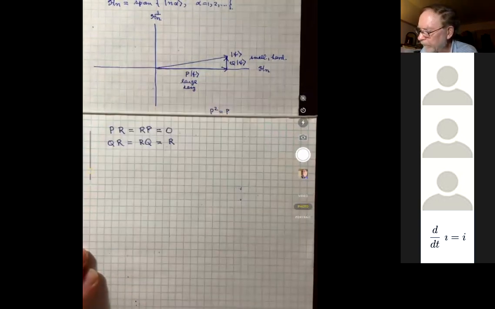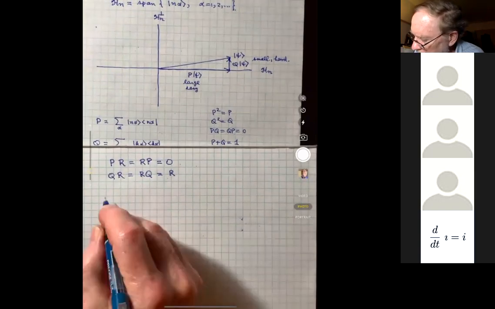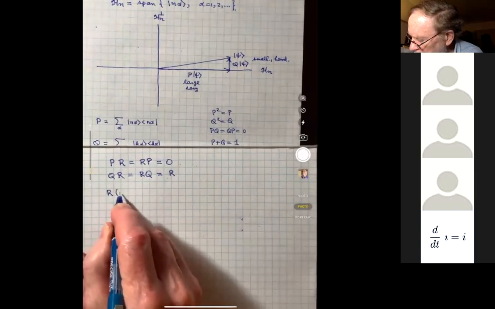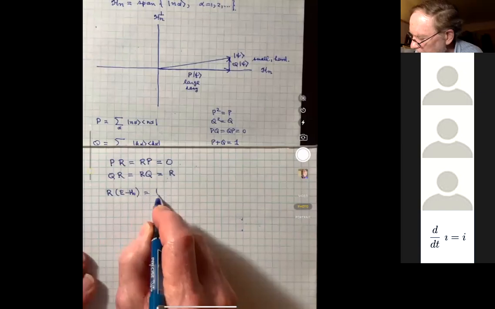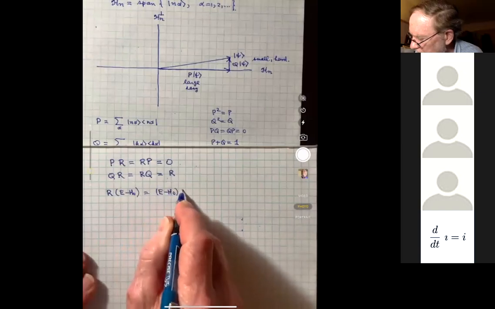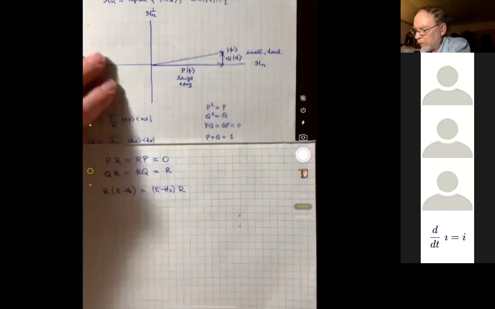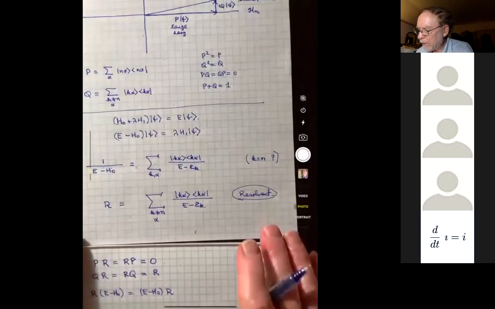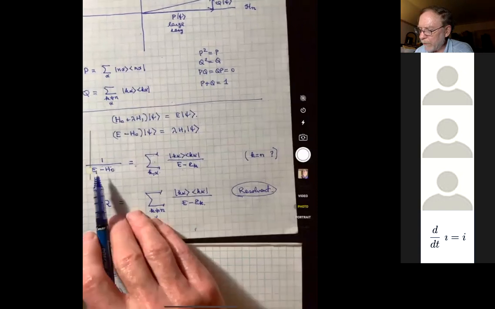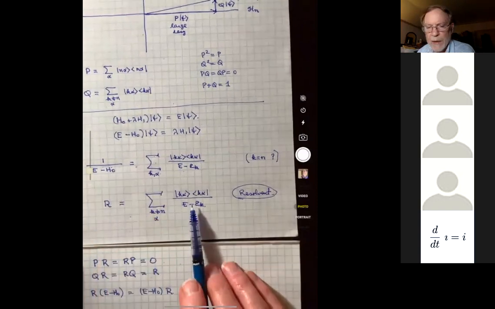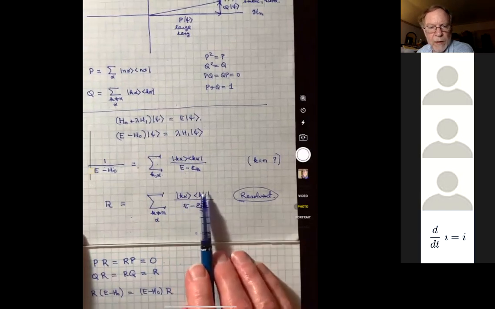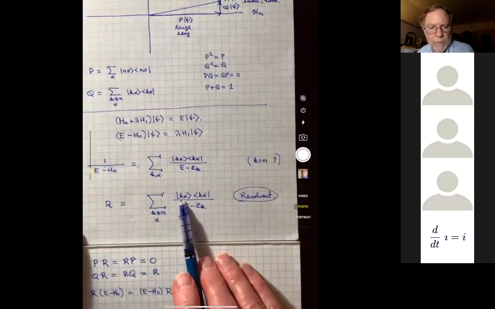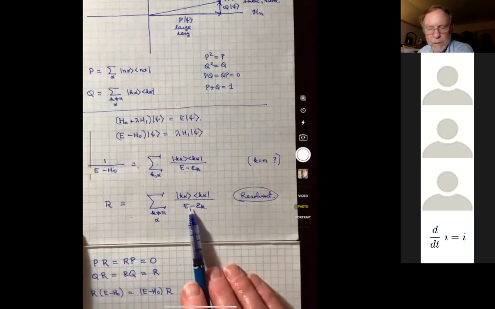That's the idea. Now here's another identity that R satisfies. If I take R and multiply it by E minus H0, or if I multiply in the other direction, E minus H0 times R, it won't matter. If I look at my expression for R, you'll see what happens. R is sort of a modified version of the inverse of E minus H0. Applying E minus H0 to this expression, either from the right or from the left, is going to act on these k alpha terms and bring out E minus epsilon sub k, which is going to cancel the denominator.